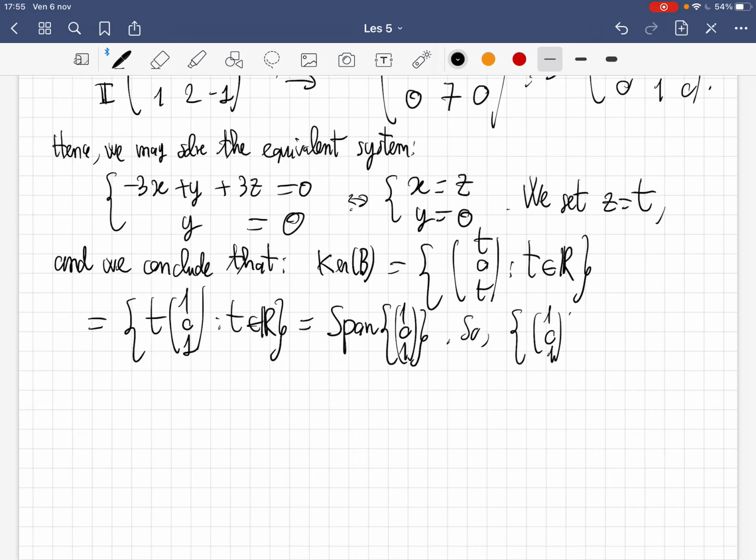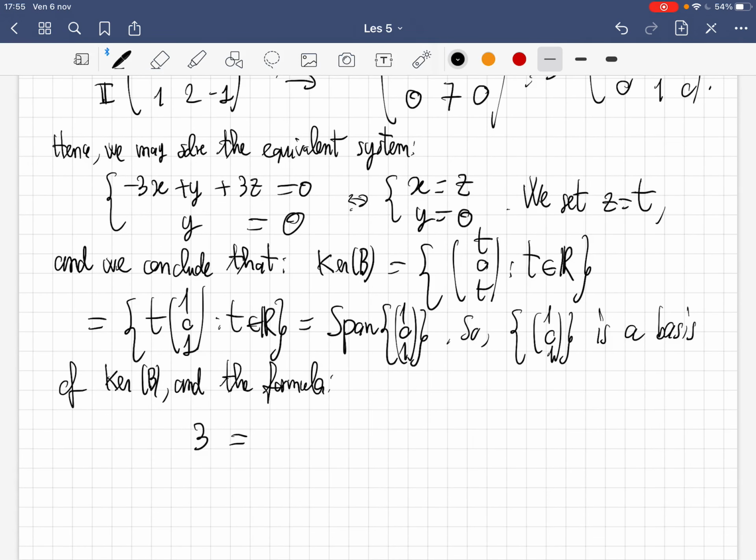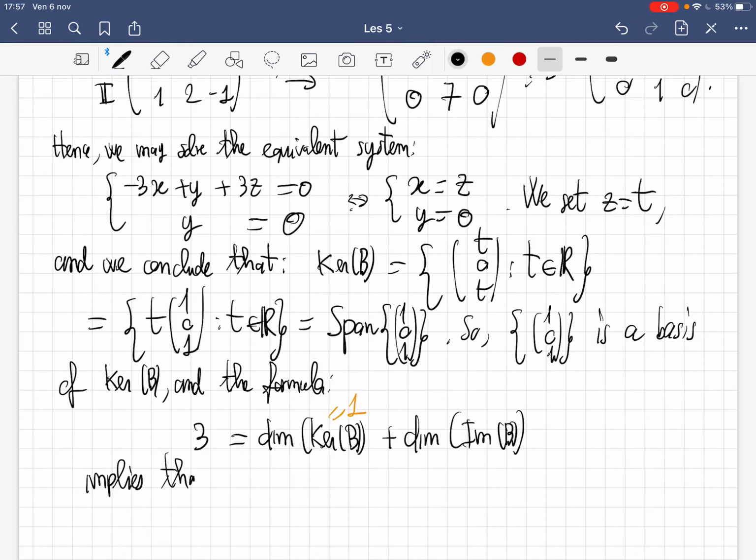So 1, 0, 1 is a basis of the kernel of B, and the formula, so be careful here, the input is 3 columns, has to be equal to the dimension of the kernel of A plus the dimension, this is not A, it's B, sorry, the image of B. This implies, if you want to put, this is again 1, that the dimension of the image of B is equal to 2.